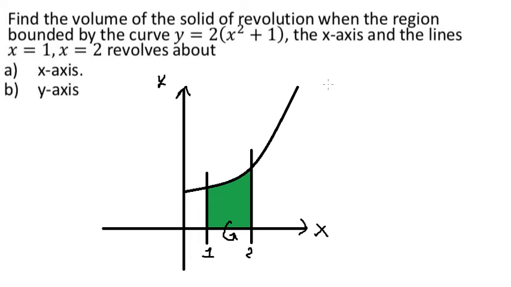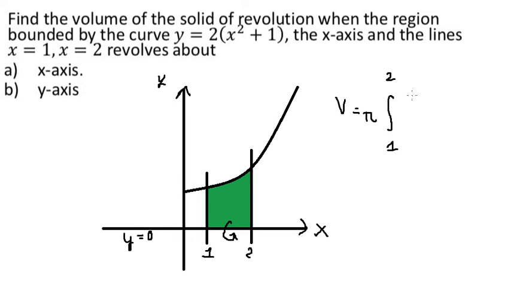So about question A, we have volume equals to pi, and we have the integration from number 1 to number 2. So we have the function in here. We see that they have the bound between the curve and x-axis. X-axis, that's about y equal to number 0.